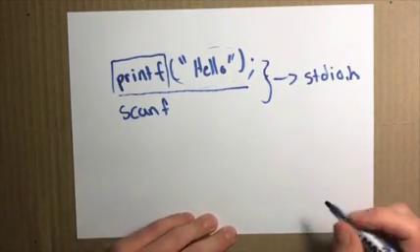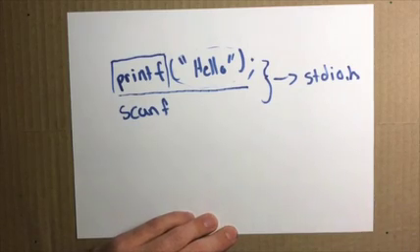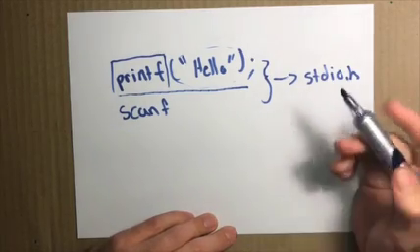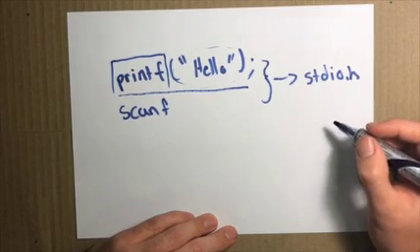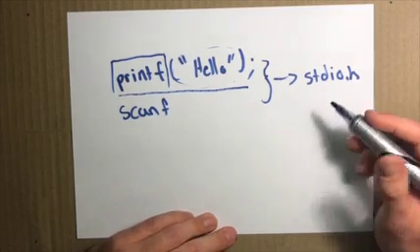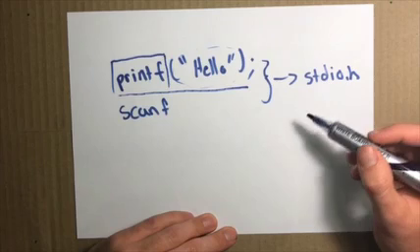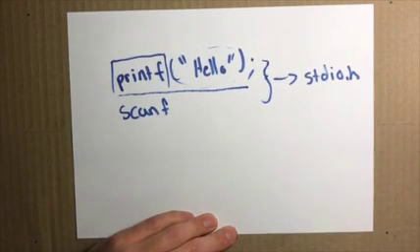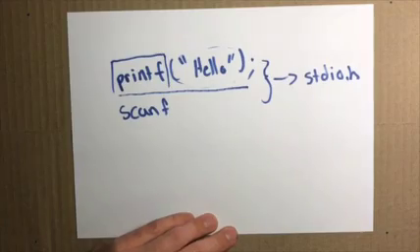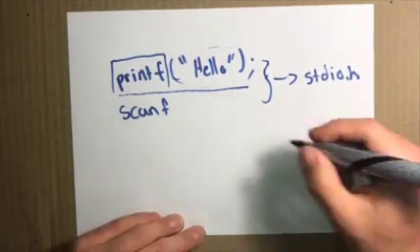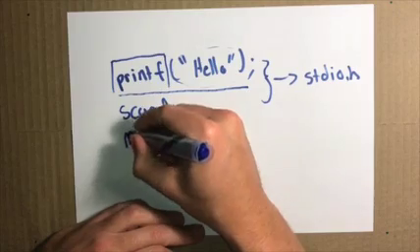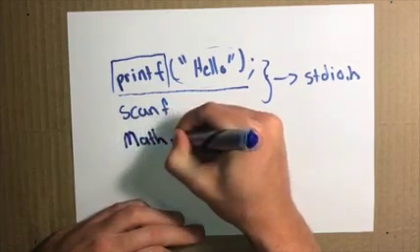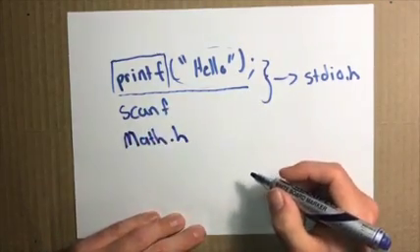Now let's say, for instance, there's different functionality in different libraries, and we want to include a library that's more mathematical. And thank you very much to all the programmers back in the day that created those libraries. And that library does exist, and we call it the math.h library.